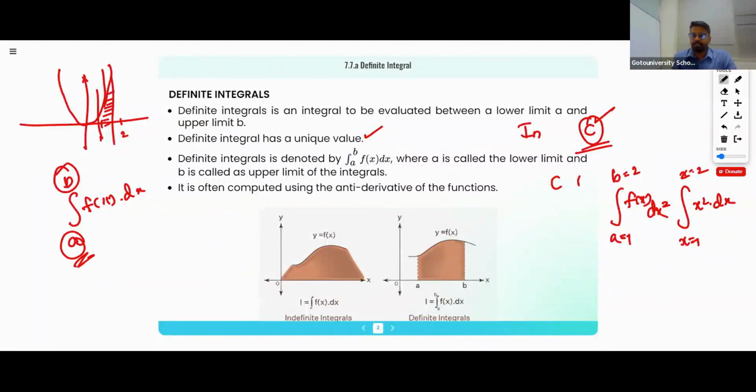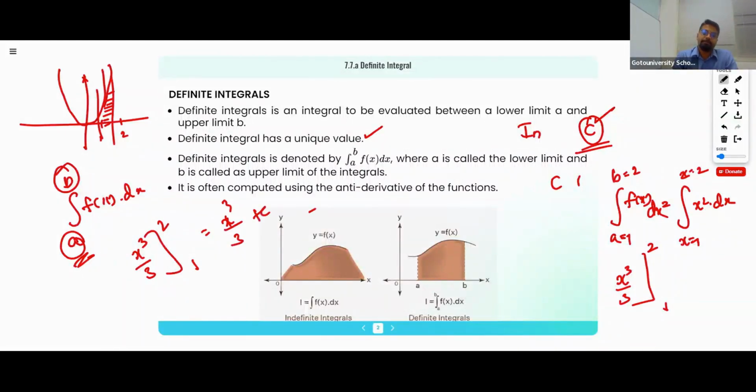So when we integrate this, we get x cube divided by 3 from 1 to 2. That means my problem becomes x cube by 3, substituting x from 1 to 2, which will be 1 cube by 3 plus c minus 2 cube by 3 plus c, which will be completely subtracted, and we take the modulus value.